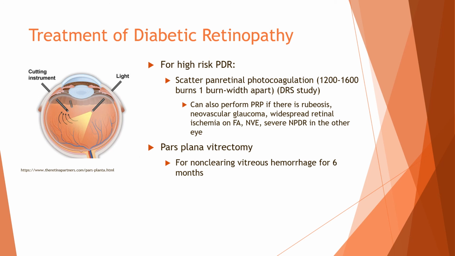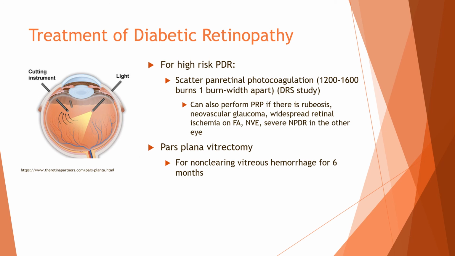Panretinal photocoagulation can also be performed with neovascularization of the iris or with glaucoma developed from neovascularization, if there is thorough retinal ischemia on fluorescein angiography, neovascularization elsewhere, and severe non-proliferative diabetic retinopathy in the other eye.